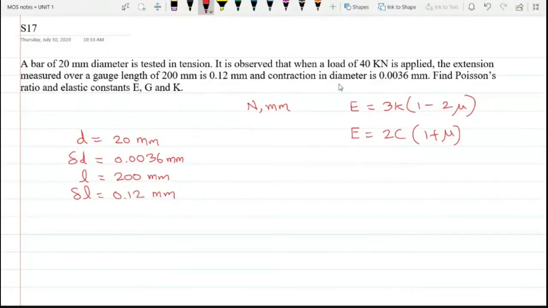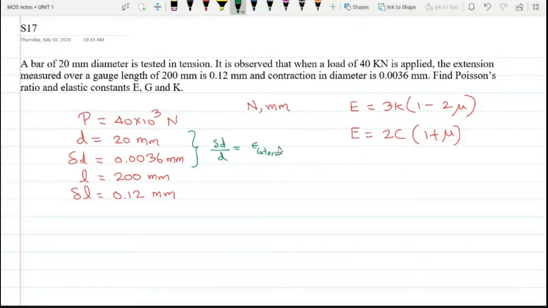After this, along with this, they also given what is the force P, which is 40 into 10^3 Newton. So what we can do is, you know what is del D and D. So using these two, we can identify del D by D, which is lateral strain.